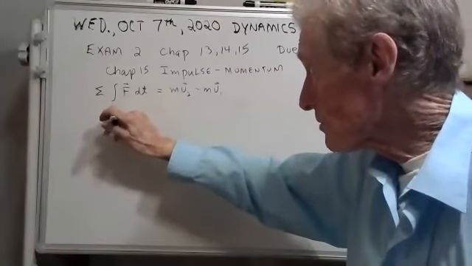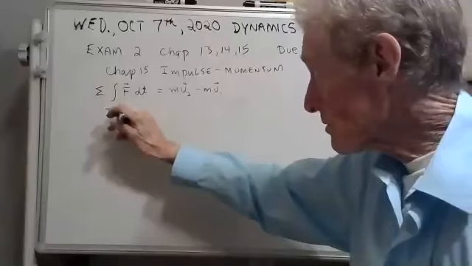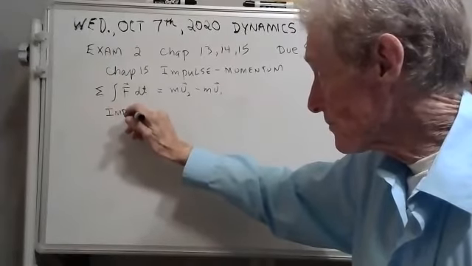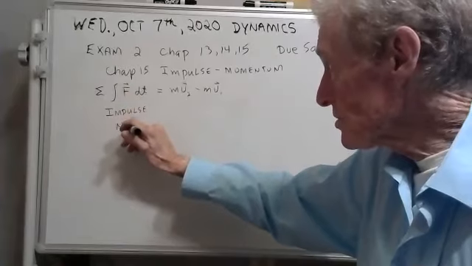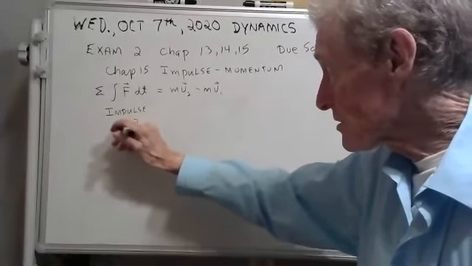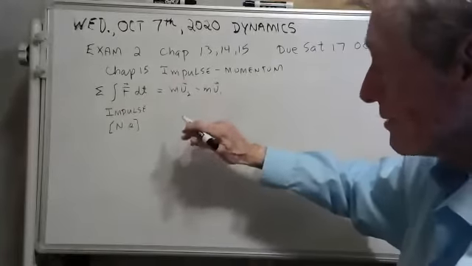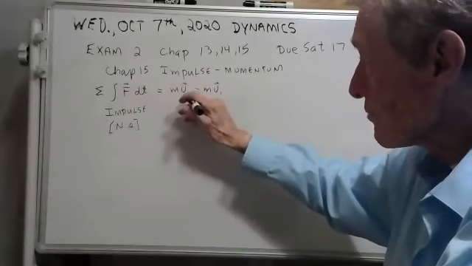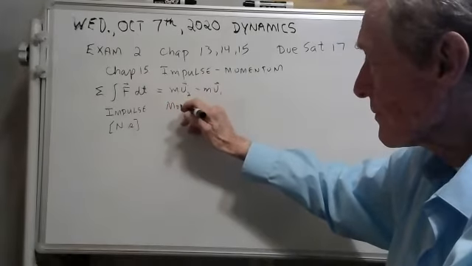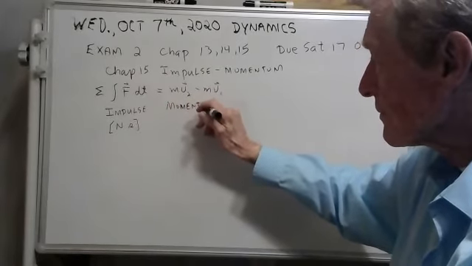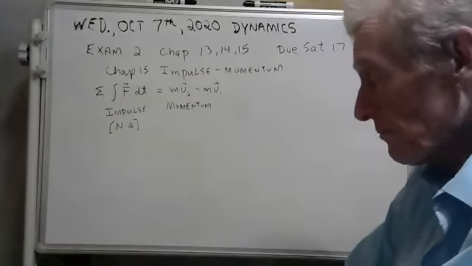It's got a name. It's the sum of the impulses, but this integral here is called impulse. And you can see the units would be newtons times seconds. These terms here are called momentum. This is your final momentum. And that is your initial momentum.